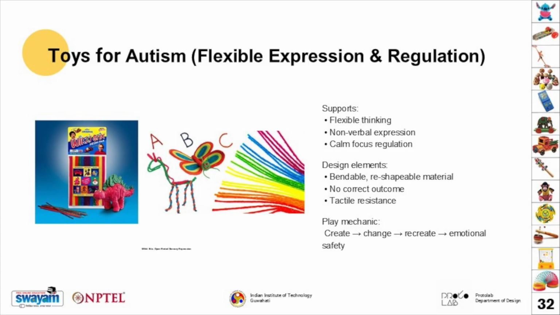But importantly, tactile resistance of the material also provides regulating sensory input. So the child is both expressing and regulating simultaneously. The toy does not demand social interaction, but it allows communication through creation and participation without pressure.